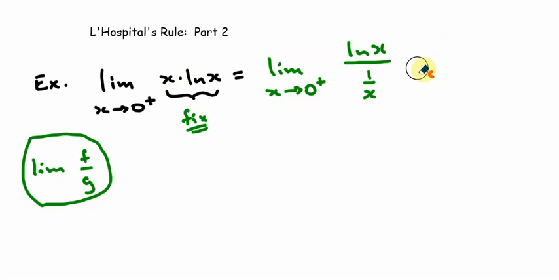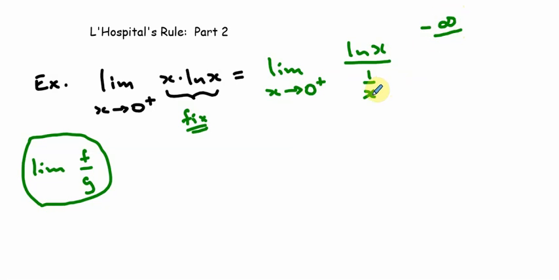So let's get that out of there. So that's perfect. So I'm back in business. Now the question is, now that it is stacked as a quotient, can I use L'Hopital's rule? So I am going to plug in 0 as we approach it from the positive side, and that would send natural log down to negative infinity.